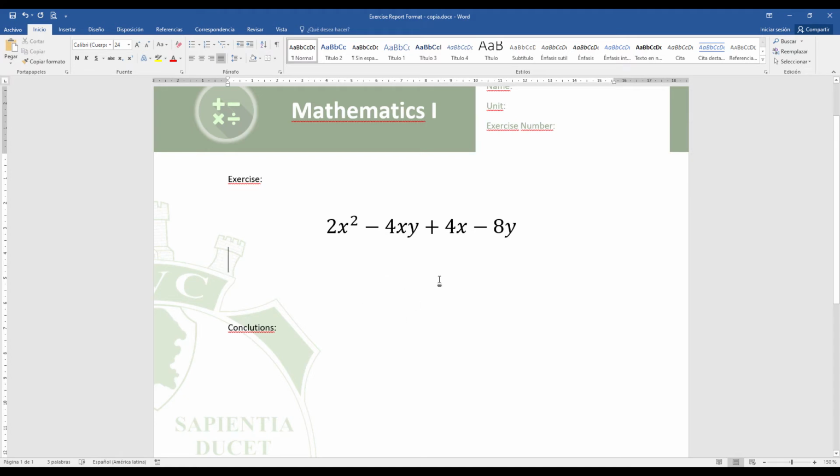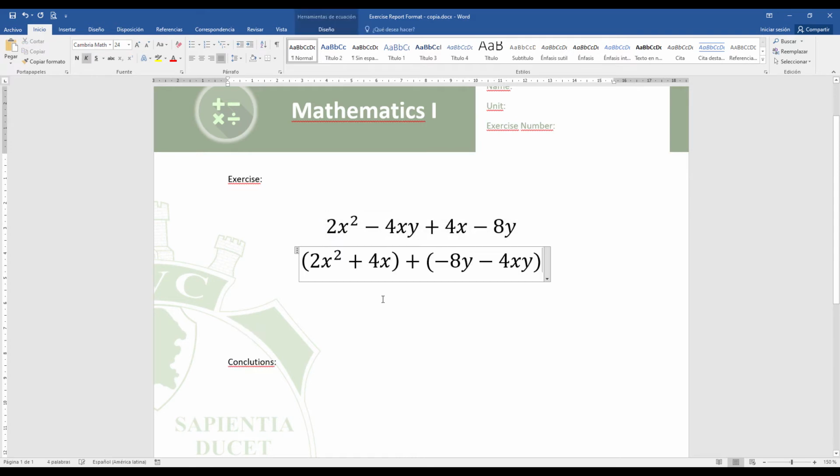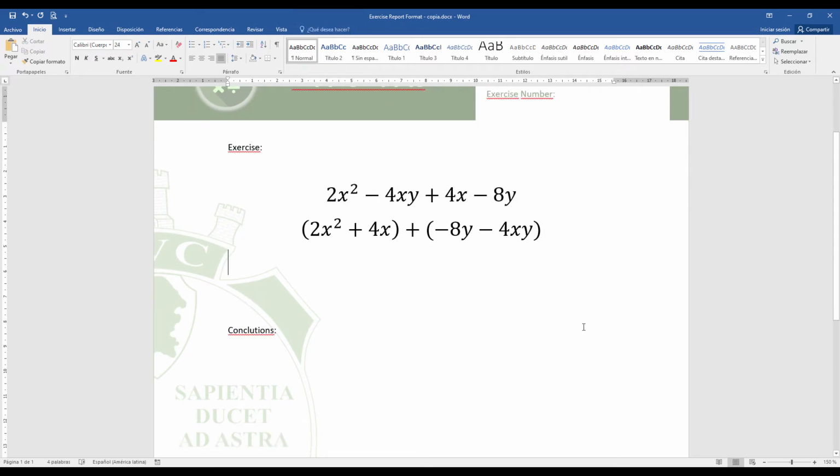So I will group all the terms that have y, and all the terms that have x. So I create 2 groups here, and remember you need to factorize every group with the same rules.